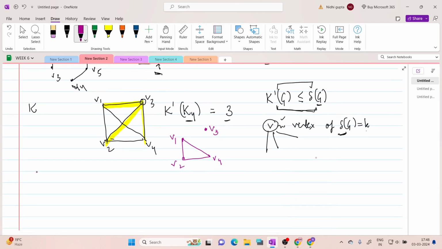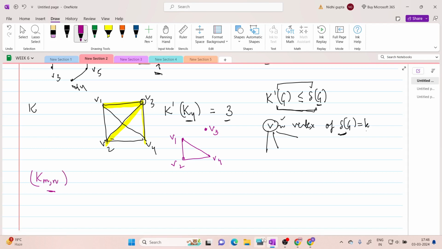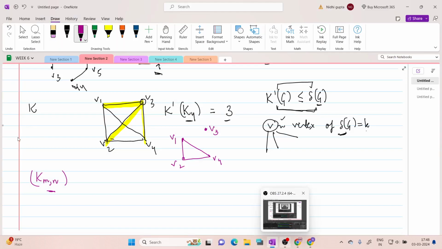And what about Kmn? In Kmn, can you give me an edge cut now? For Kmn, edge connectivity was coming out to be m.